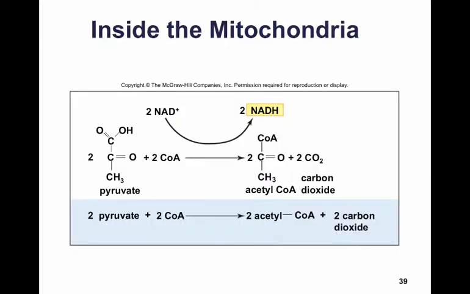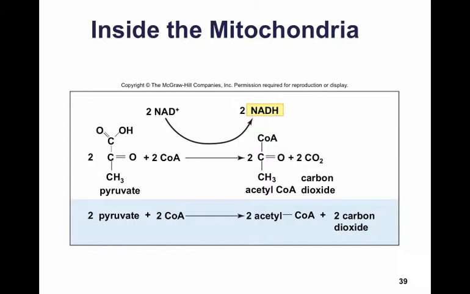Let's look at the overall reaction: NAD plus is reduced to NADH, and pyruvate is broken down into a 2-carbon molecule that attaches to coenzyme A, making acetyl-CoA, and carbon dioxide is released.